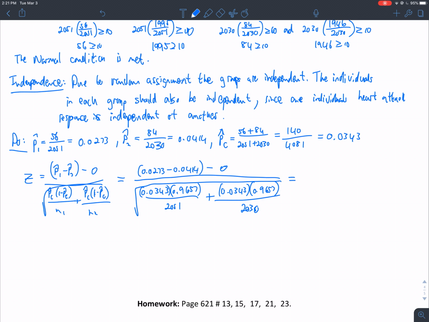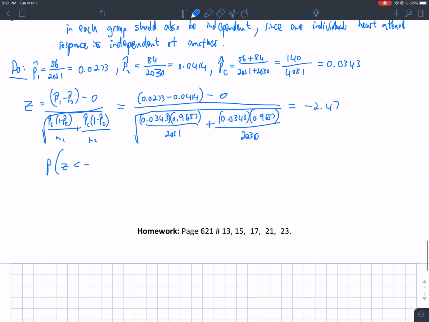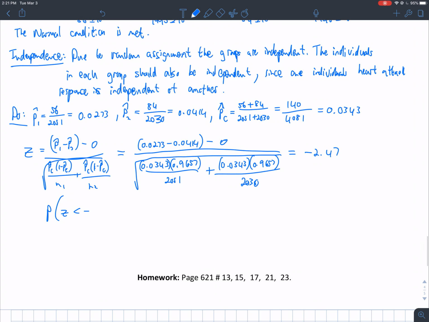If you do it in a round, I think you get this approximately. Okay, and then we're doing this. What is the probability that z is less than negative 2.47, because my alternative hypothesis was less than, and that p-value I think you get is 0.0068.